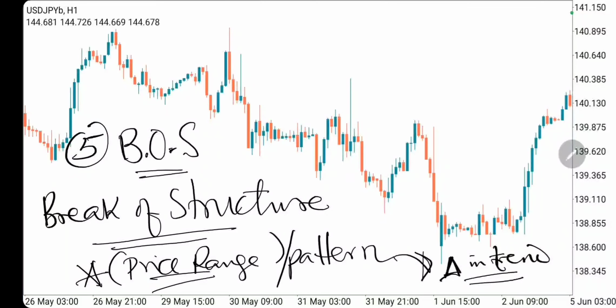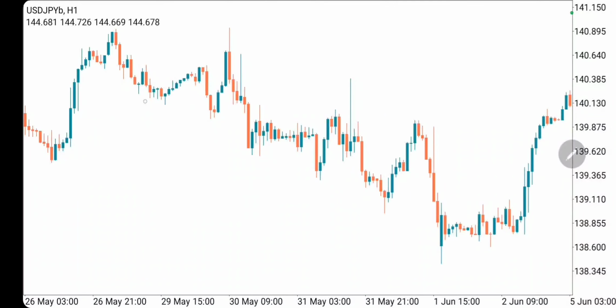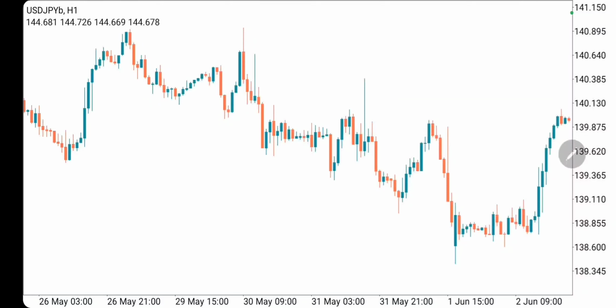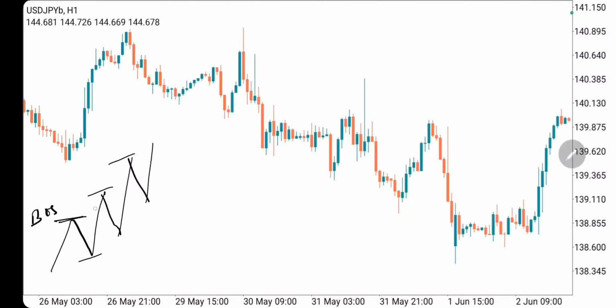Now let me show you the break of structure on this chart. In a bullish phase, you have something like this. The market makes a higher high and higher low. So this is a break of structure to the upside.